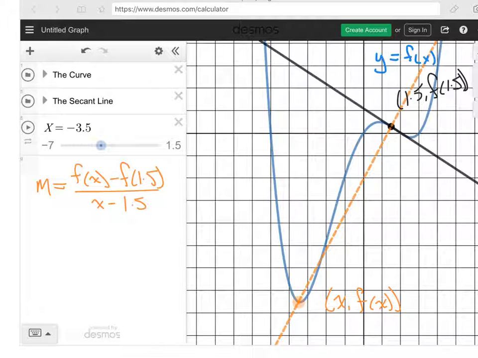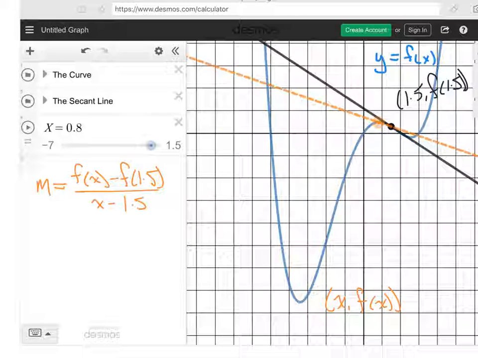Now, the secant line is really just an estimate of the tangent line. Looking at this picture, it's a horrible estimate, almost a complete opposite of what the tangent line is. But as I move the point around, I can come up with a better estimate of where the tangent line is. In fact, if I move it all the way over so that my secant point lands right on top of my tangent point, well, then we do have the tangent line.